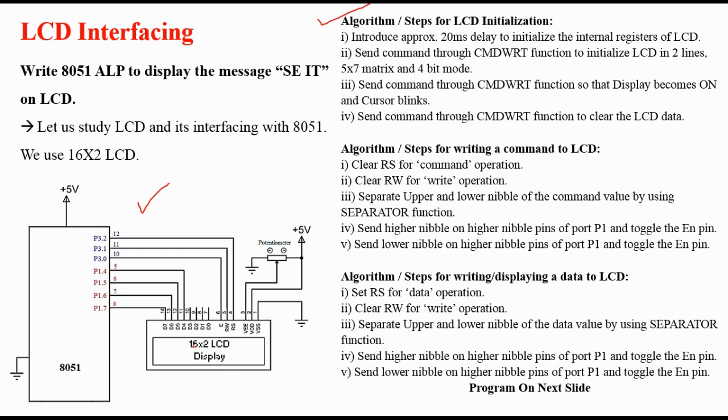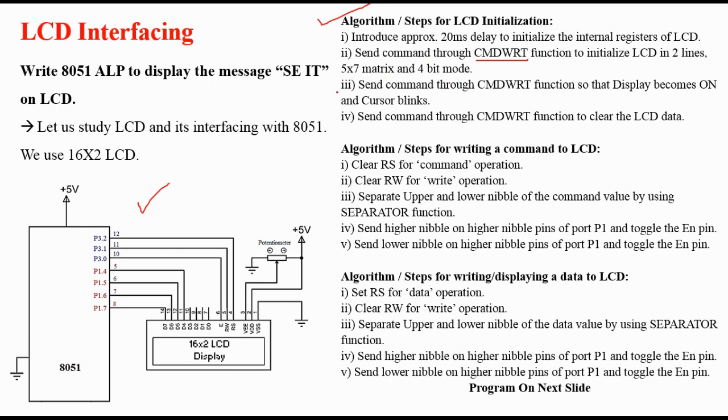Let's say the delay is 20 millisecond, and after that send the command through the command write function. We have the cmd wrt function, and by using this we send the command. The first command will initialize the LCD in 2-line 5x7 matrix and 4-bit mode.